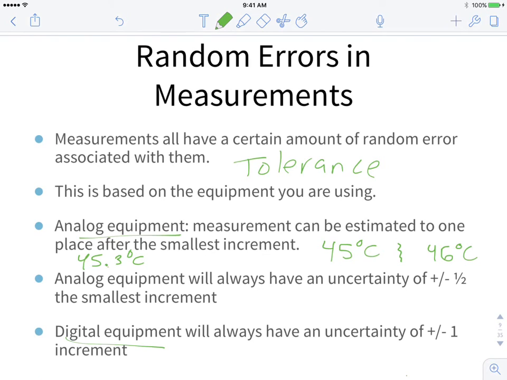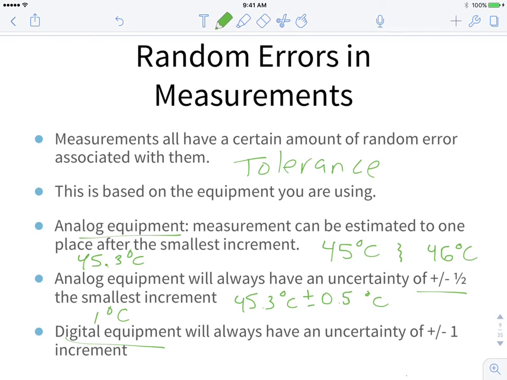We just don't know. And so what we say is that analog equipment has an uncertainty of half a degree or half an increment. So if I were to write this, it would be 45.3 degrees Celsius plus or minus 0.5 degrees Celsius. And that's because the smallest increment in this case is 1 degree Celsius. So I'm going to be plus or minus a half.